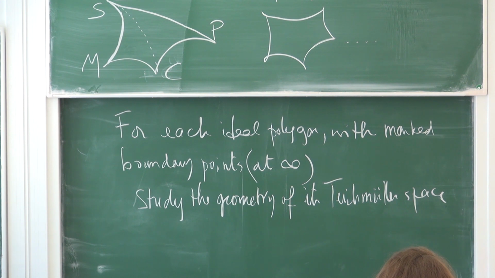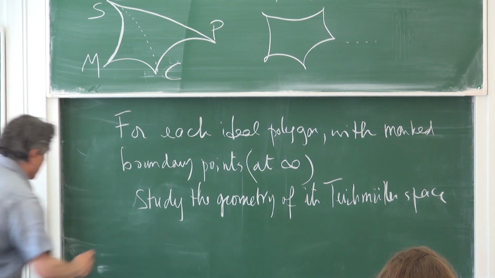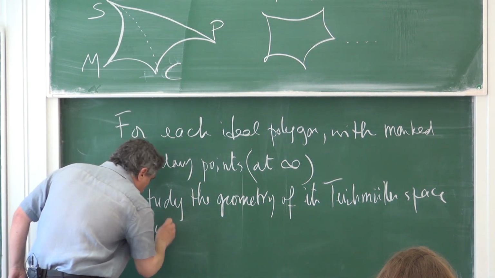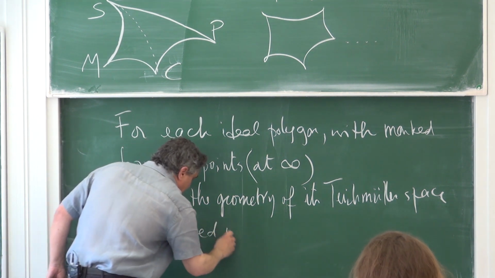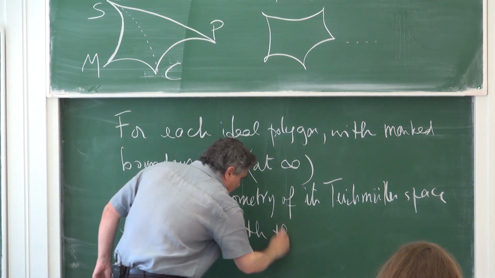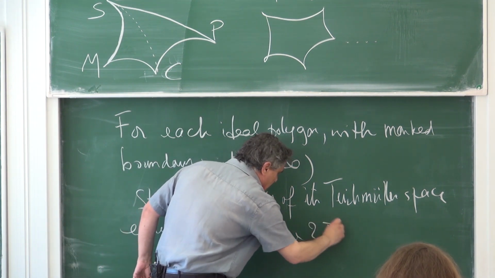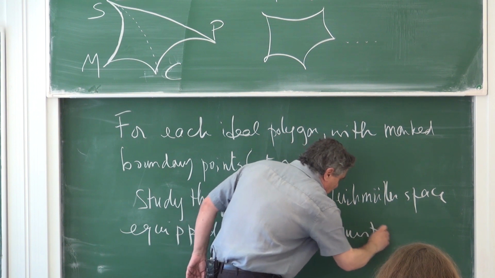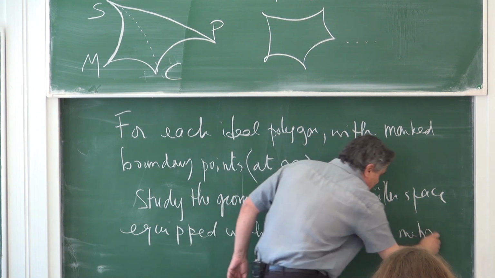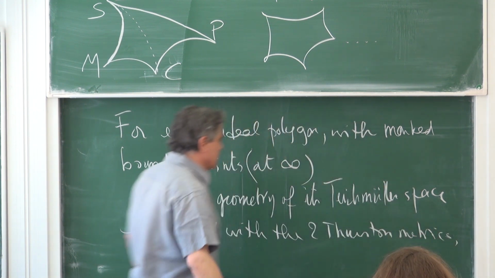This is why I'm mentioning this. Study the geometry of its Teichmüller space equipped with the two Thurston metrics. So what are these two Thurston metrics?